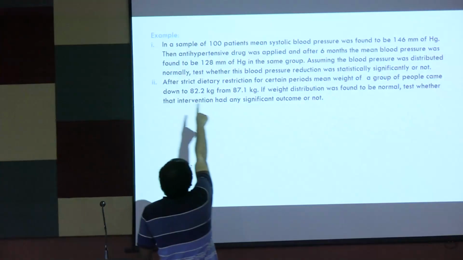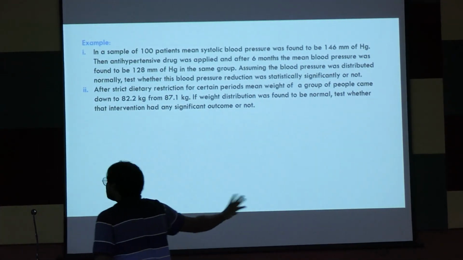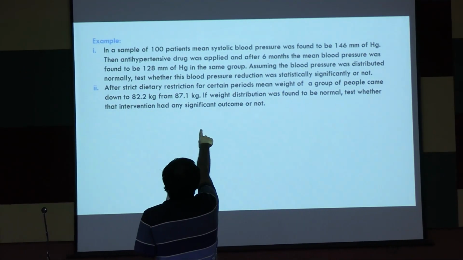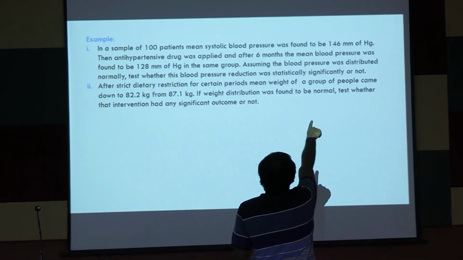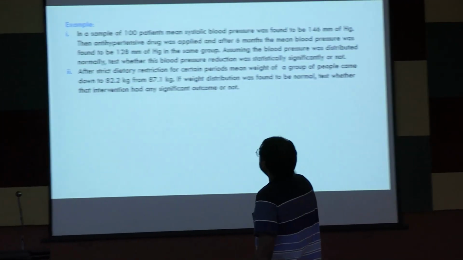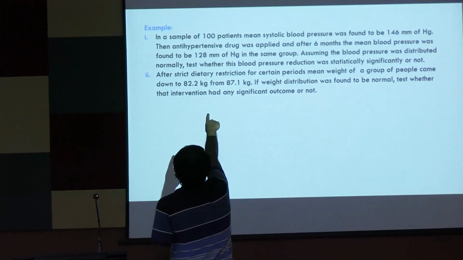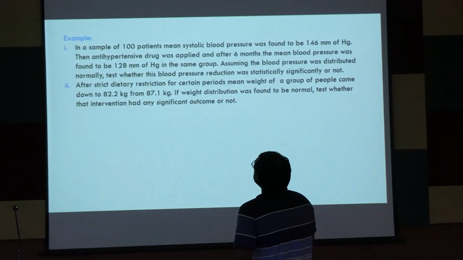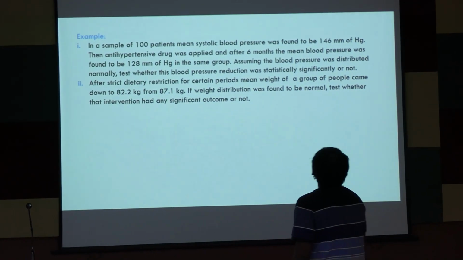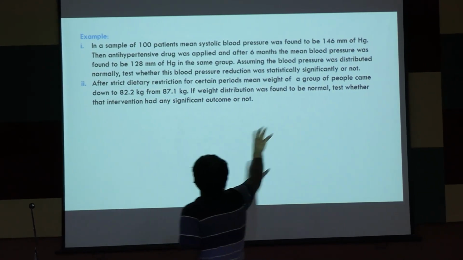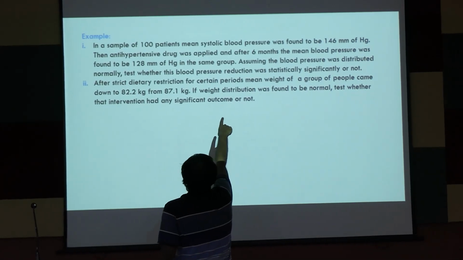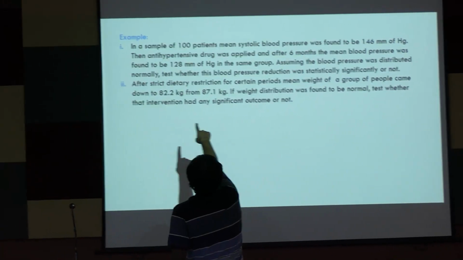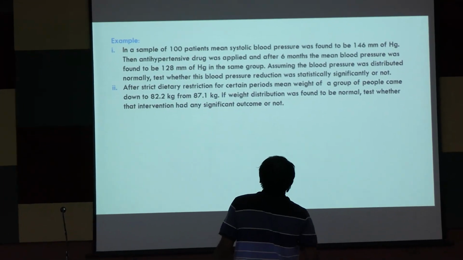What is the problem? In a sample of, say, I am just taking this question, sample of 100 patients, mean systolic blood pressure was found to be 146 millimeters of mercury. Then an antihypertensive drug was applied, and after 6 months the mean blood pressure was 128 millimeters of mercury. You have to test whether the blood pressure reduction was statistically significant or not.